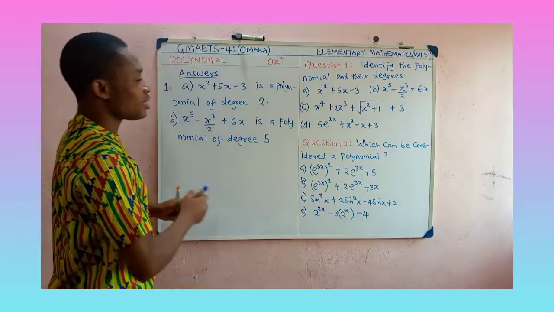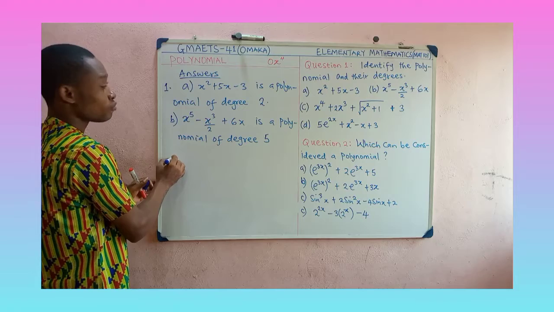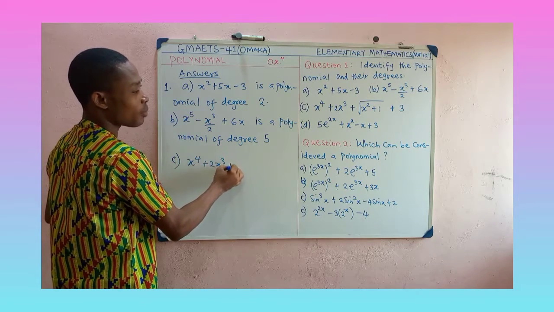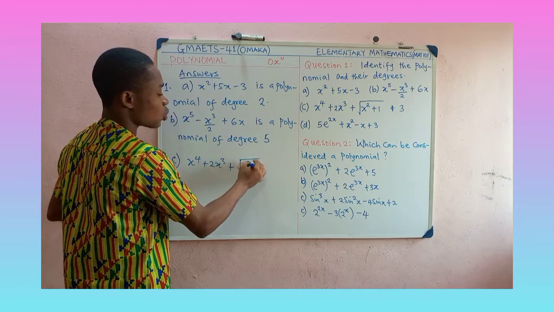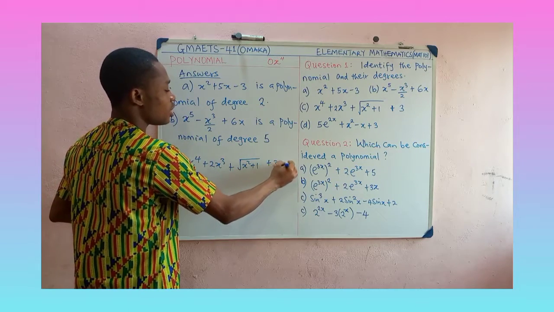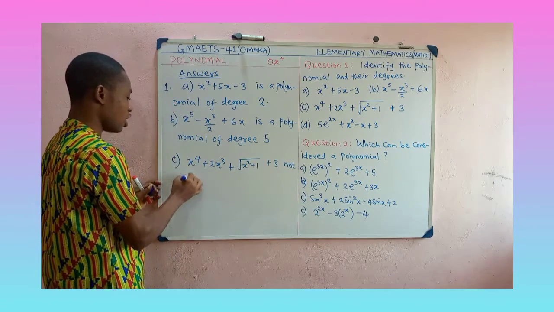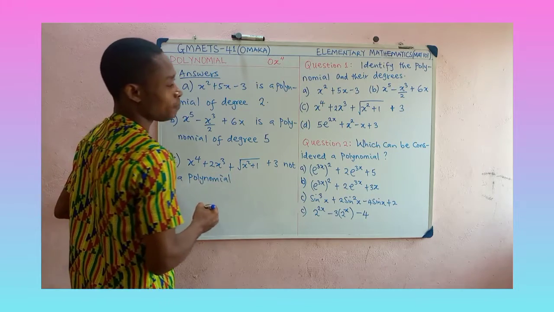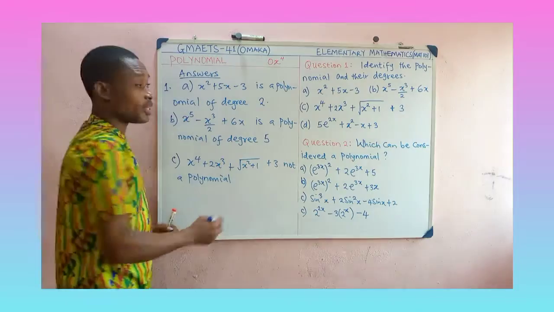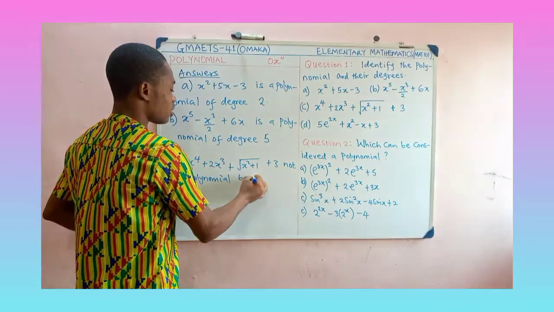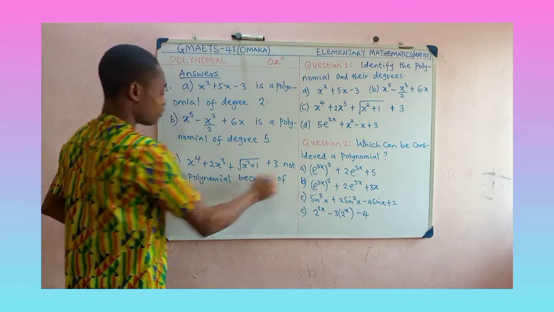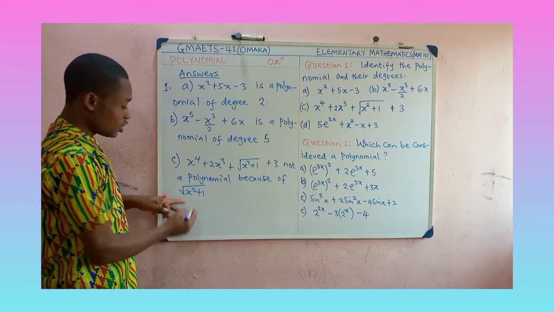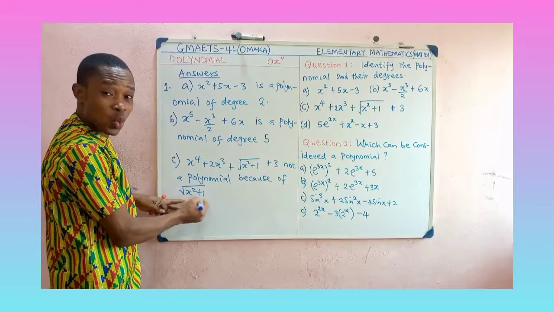Okay, now let us look at c and d. c, x raised to power 4 plus 2x raised to power 3 plus square root of x squared plus 1, then plus 3. Not a polynomial. Why? What's the reason? Because of the square root of x squared plus 1.